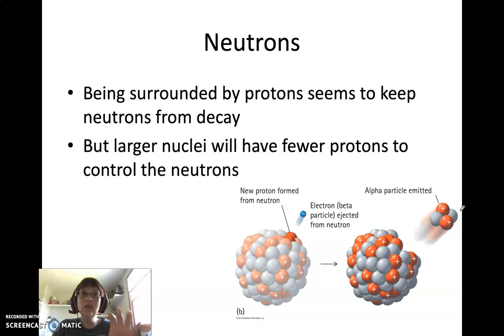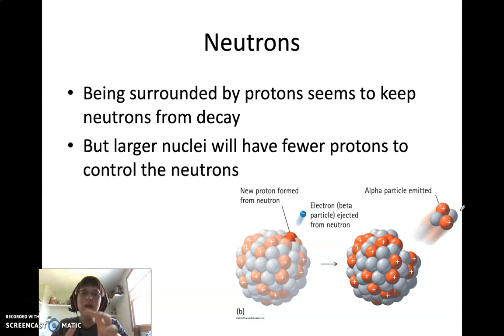So we need the strong nuclear force to hold the nucleus together. It's being held together because those protons are being held really close to each other. As you get bigger nuclei, the protons are being held together by the neutrons.